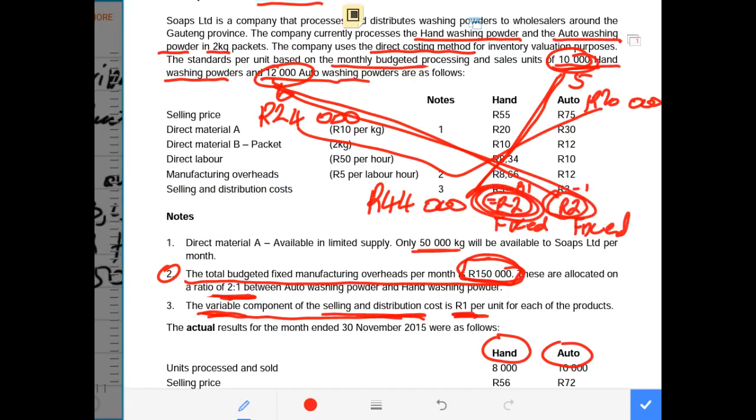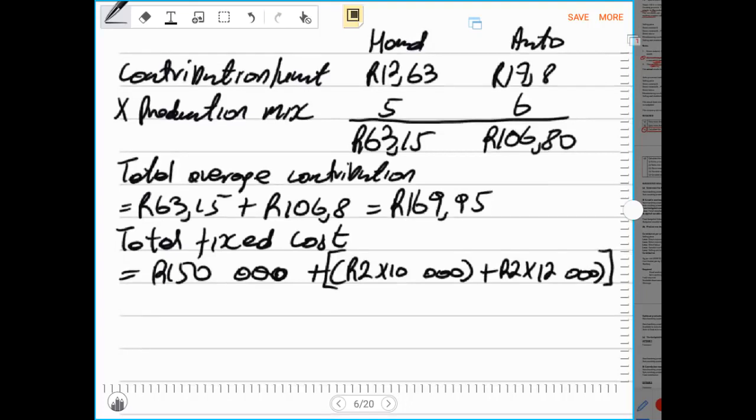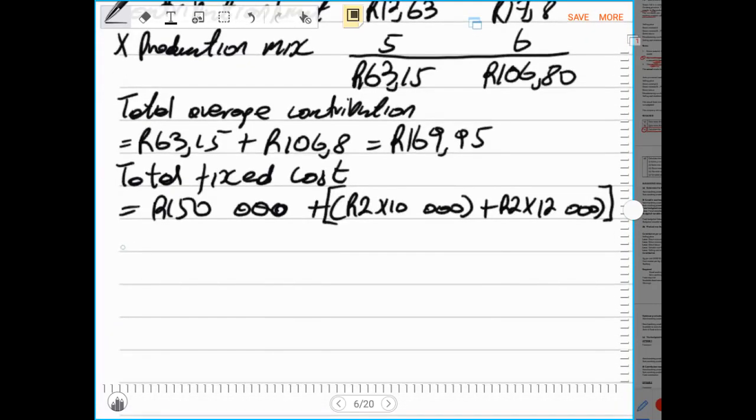Then we go to our workings. We say it's 150,000 plus, in brackets, 2 rand times 10,000, plus 2 rand times 12,000 units, close the bigger brackets, because I need to know all of my fixed cost.